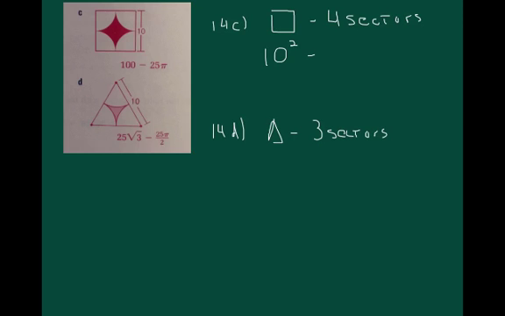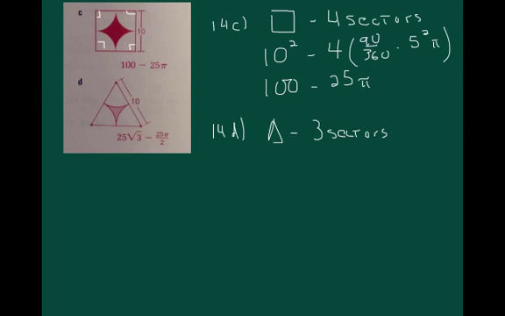And the 4 quarter circles could be found by multiplying 4 times each one of these 90-degree angles. So you get 90 over 360 times, now be careful, the radius of each circle is 5, so it's going to be 5 squared pi. The final answer will be 100 minus 25 pi.